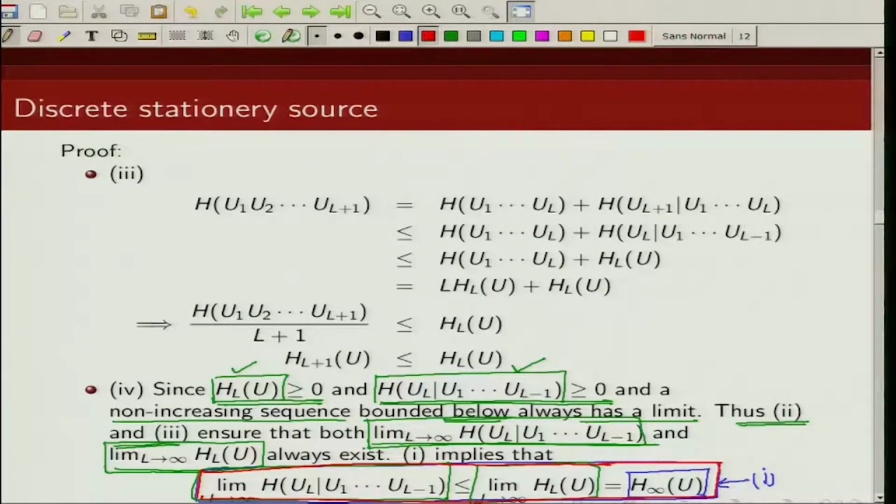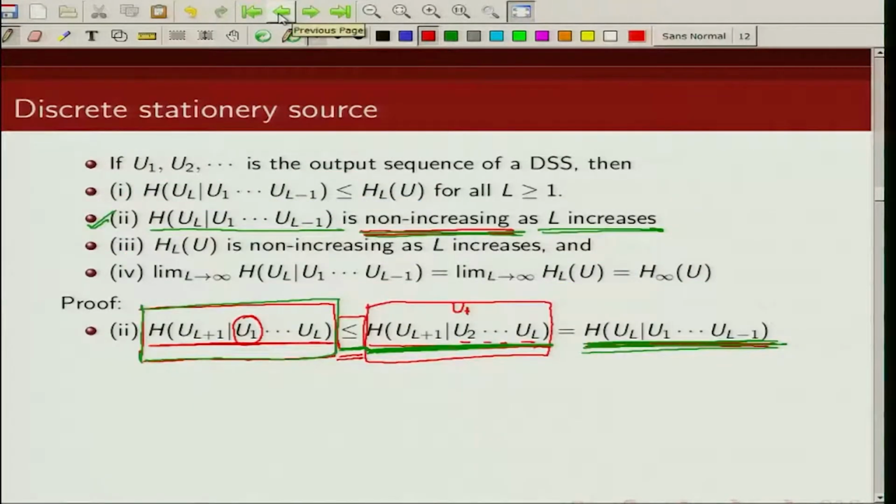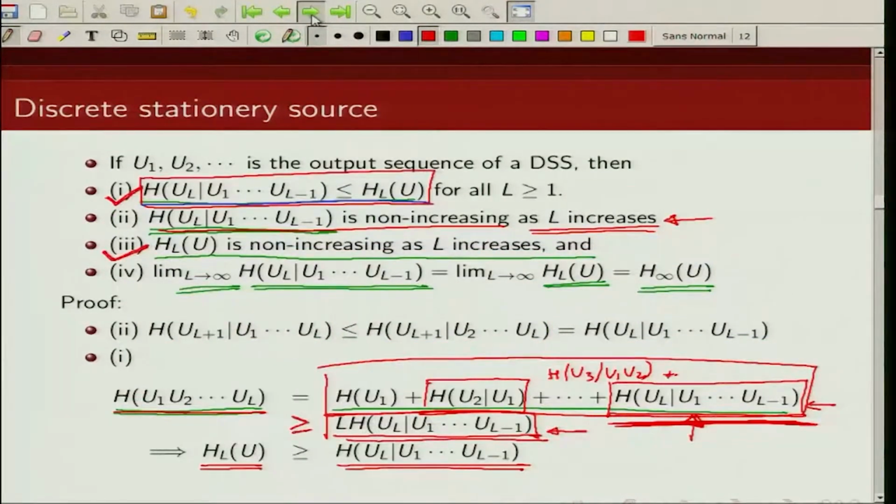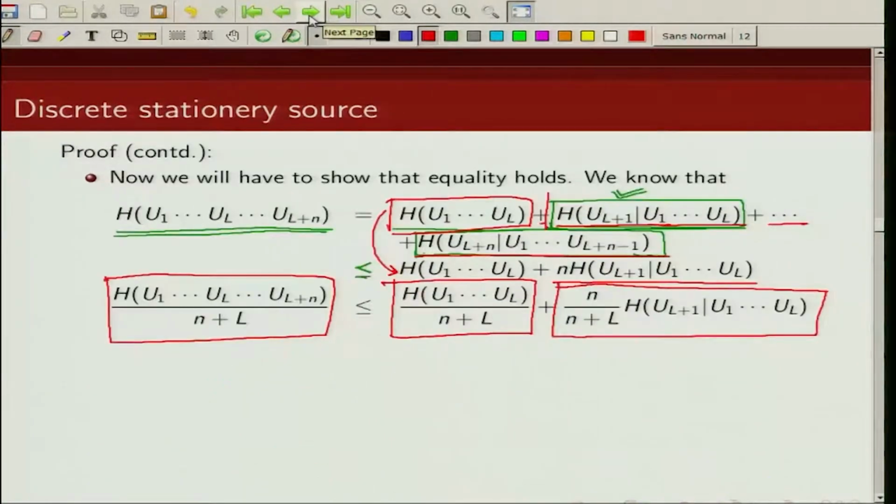Now for both of these conditions to hold true, we would require that both of them are equal, and that proves our fourth property, that as L goes to infinity, uncertainty in UL given U1, U2, up to UL minus 1 is the same as uncertainty per letter when L goes to infinity, and this, as we said, we denote by the entropy rate. So this is the entropy rate of a discrete stationary source.